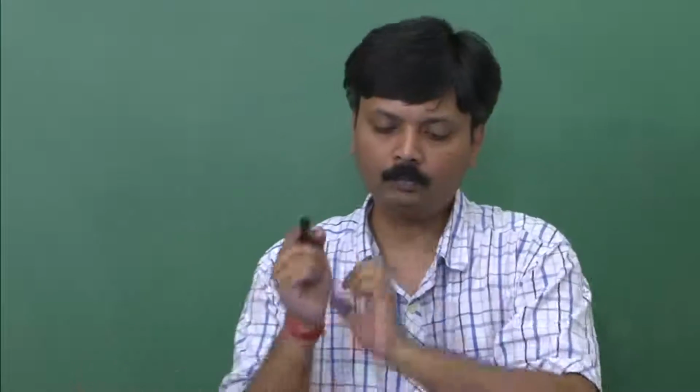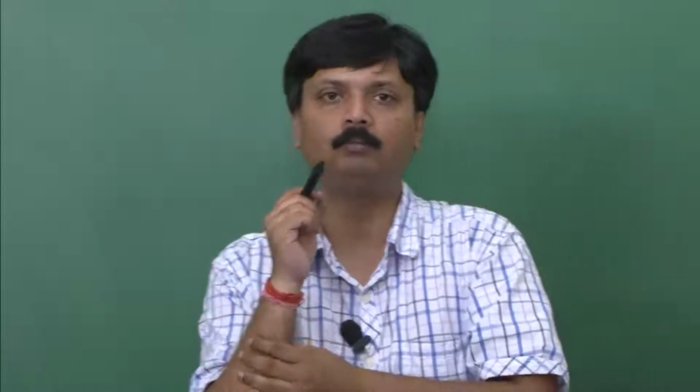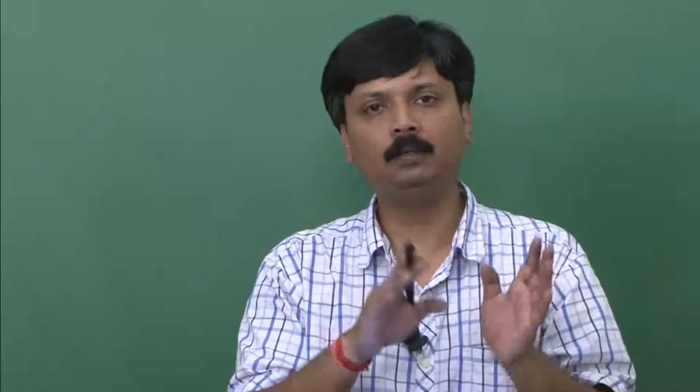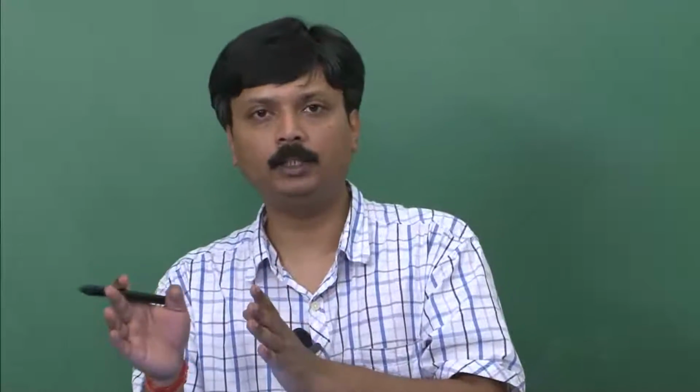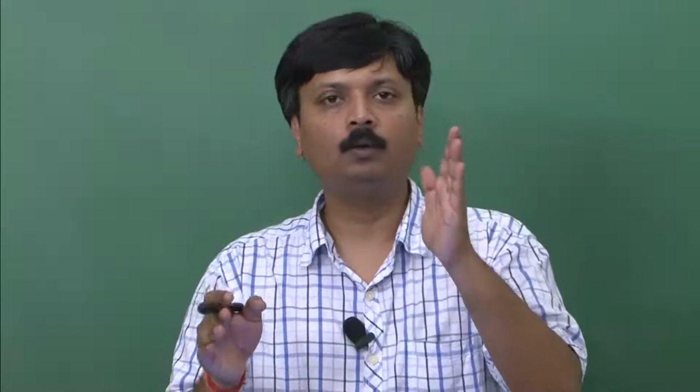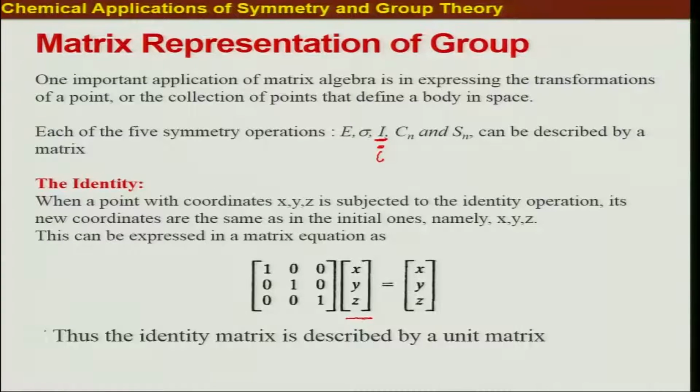This is normally written as a column vector. As you can see on your screen, to start with I have an x, y, z column vector which denotes the point we are considering, and after doing the identity operation my point remains x, y, z, which is also represented by a column vector.